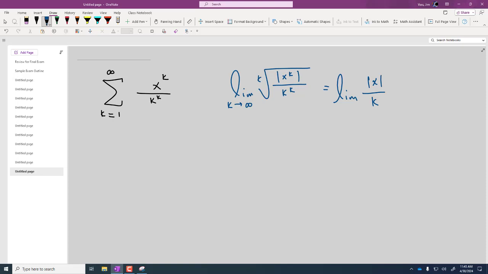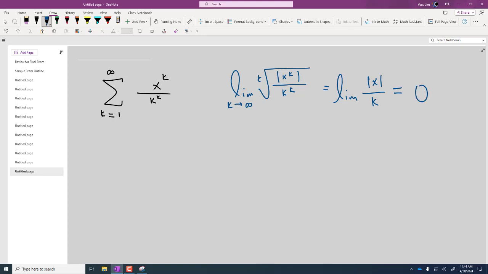The kth root of k to the k is k. All right. We know that for the geometric series, the root test and the ratio test, less than 1 gives us convergence. So we want to know, what are the x's that make that true? So that's what we're thinking about. That's where we're going.